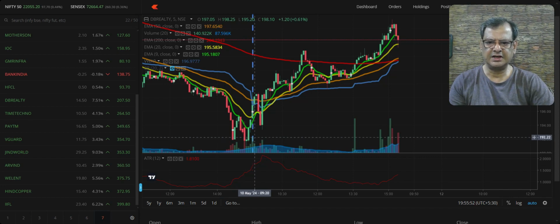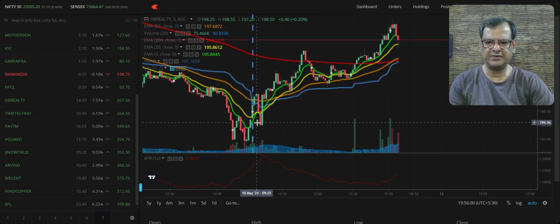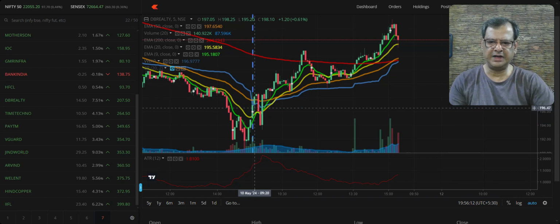Then in the next candle, if you see here, 196.90. Again, we have a gap up here, and then we have an exhaustion gap up again, followed by a bearish candle. Since it's quite early in the morning, you shouldn't be taking an entry here.